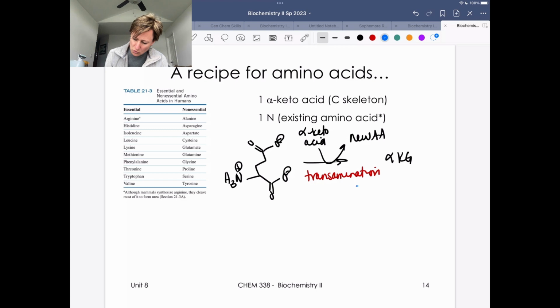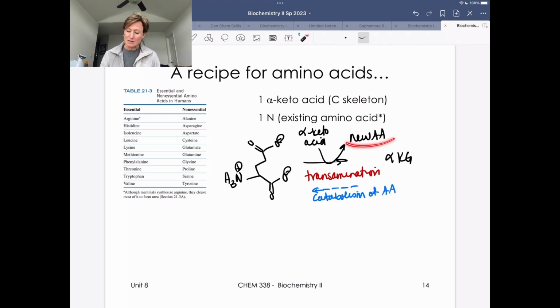Remembering, we did this in the other direction when we were talking about the catabolism of amino acids. We were breaking down our 18 amino acids by combining them with alpha ketoglutarate, transamination chemistry, funneling things down to either glutamic acid here, or aspartic acid if we're using oxaloacetate as that alpha keto acid.